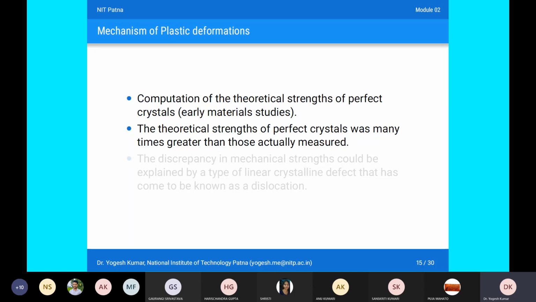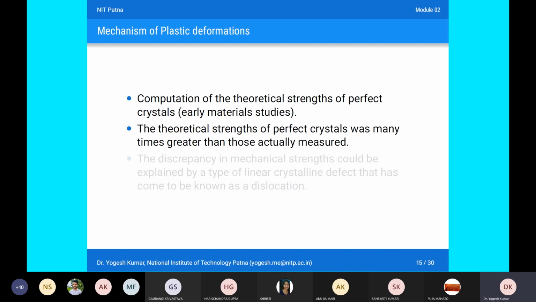But we know, from the material science course, that in practice these crystals are not perfect. They have impurities. It means they are imperfect crystals.